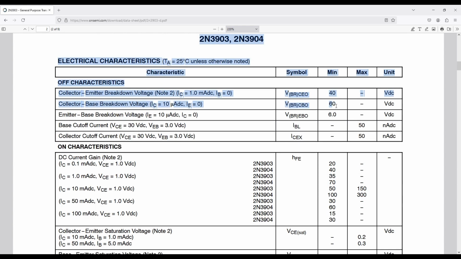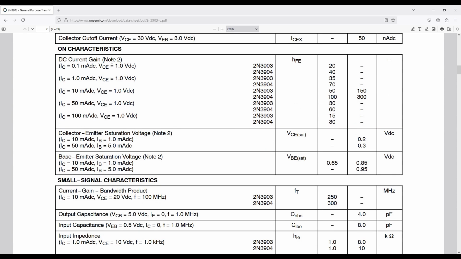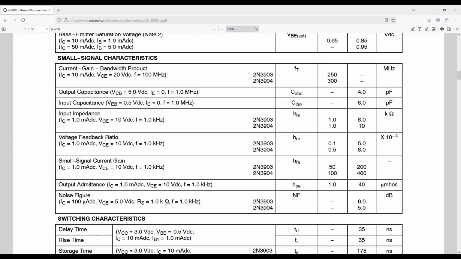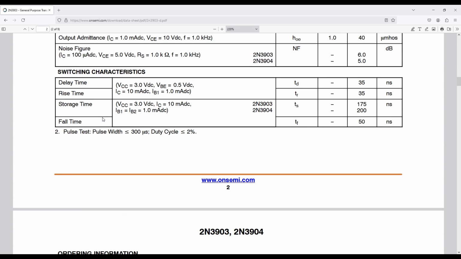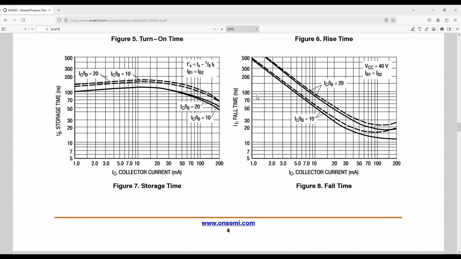There are some really high values here, 40 volts, 60 volts. I don't know what breakdown means, collector base breakdown. I assume this is volts DC. There are small signal characteristics, switching characteristics, and some very complicated things like rise time, fall time. I have no idea what that really means. This is all stuff that's pretty far over my head.